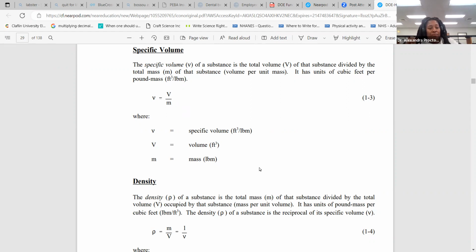So you're going to have to get used to these units. So I always tell you guys about chemistry: once they understand the physical world, then they mathematically define it. So they're telling you that specific volume is the volume per unit mass, and then they give you an equation which says specific volume is the volume per unit mass.